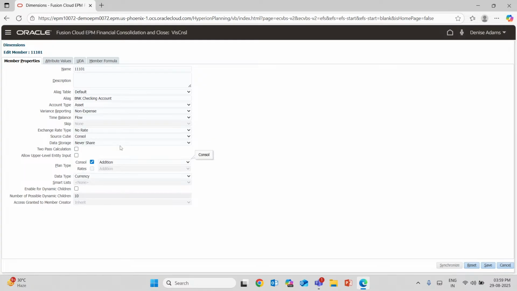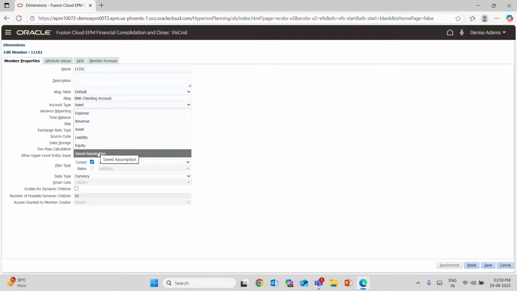We are in the balance sheet, and we went to the descendants under cash and cash equivalent, so that's why we have chosen asset over here. If we provide data for a liability, then in that case we use liability as the account type.